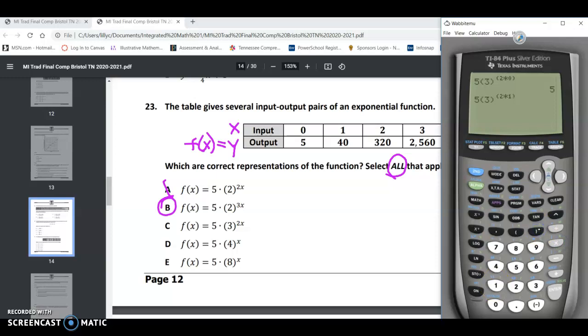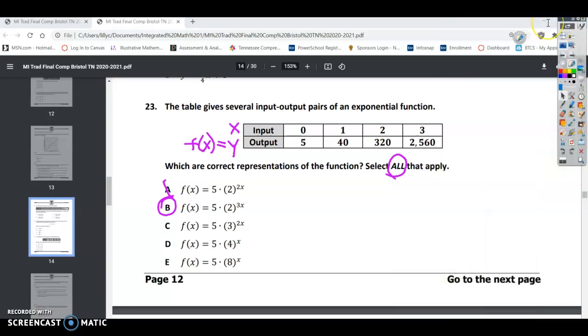Now you see how I put these in parentheses because I want to do order of operations. You need to do parentheses to make sure that you do the exponents before you multiply, etc. All right, so on C, when I plug in 1, I get 45 instead of 40. So that one is not a correct answer. So I don't have to go on. Once I get one incorrect answer, I know that I can move on.